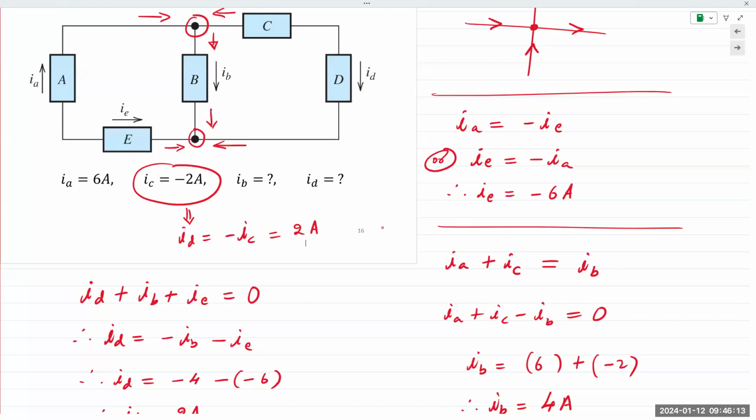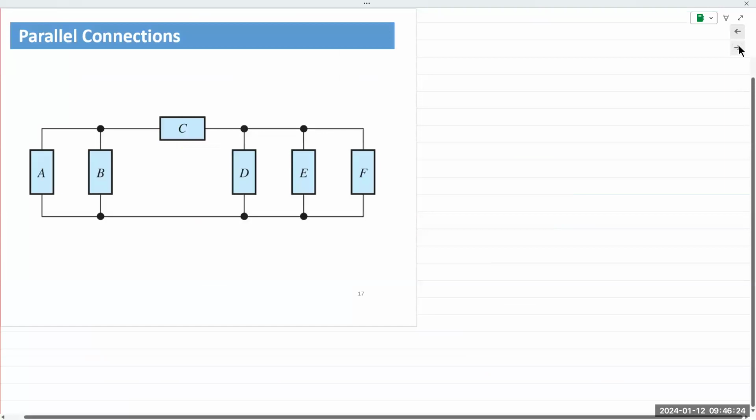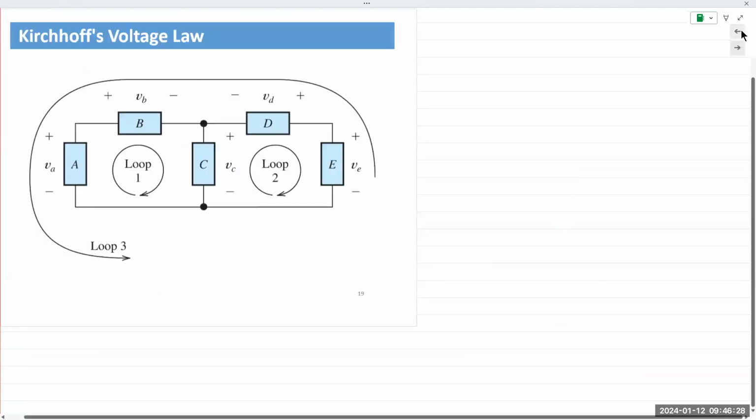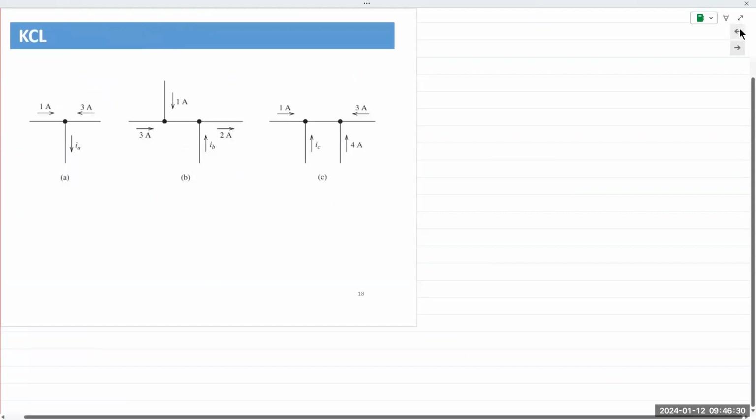All right, any other questions? All right, let's move on. KVL. Actually, let's do KVL here. So I'll assign this as practice.